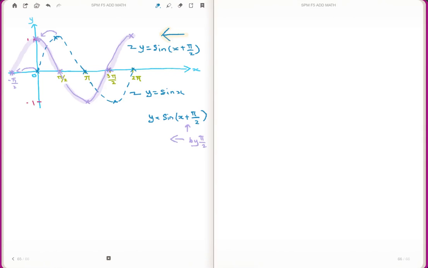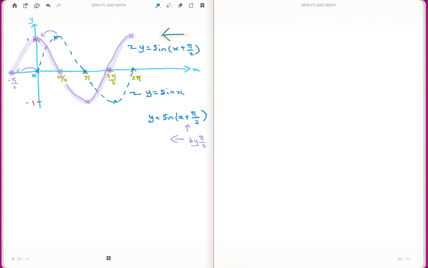Sine of 30 plus 90, which is 120, is actually the cos. You would be surprised why the curve is now a cos curve, not a sine curve.